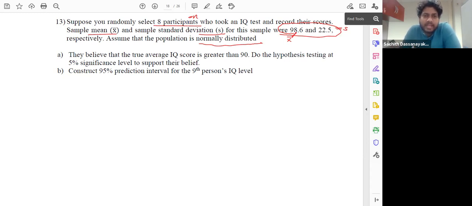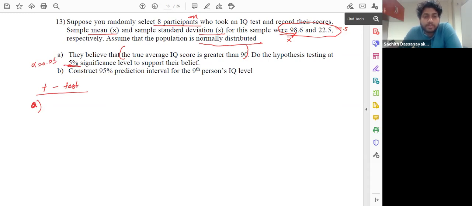N is 8, and there is also an assumption that the population is normally distributed, so this is going to be a t test using the t table. Part A is simple: they believe that the true average IQ is greater than 90. So you have to check this by doing the hypothesis testing at the 5% significance level, which means alpha equals 0.05.